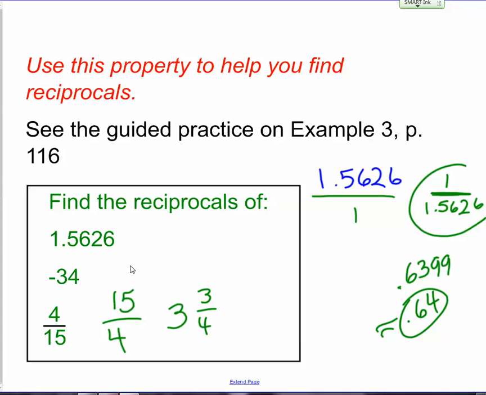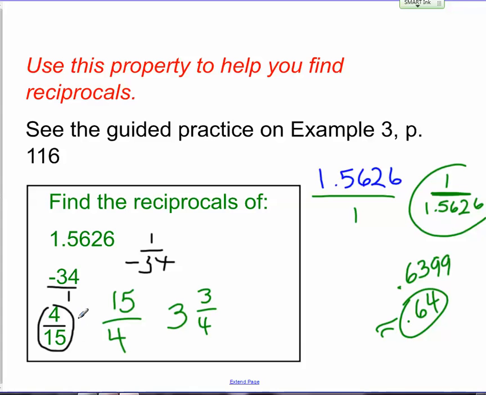If I want the reciprocal of negative 34ths, I put it over 1, and then I flip it upside down. So the reciprocal is 1 over negative 34. I can't write very well with my mouse pad. Boom. And if I want the reciprocal of 4/15, it's already a fraction.